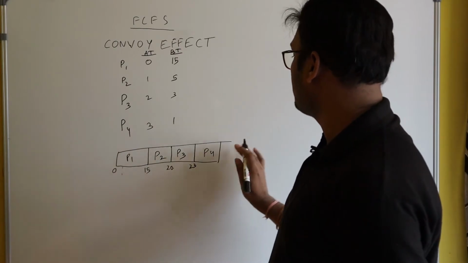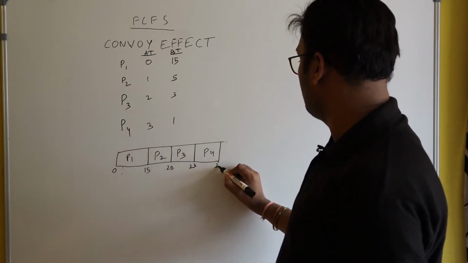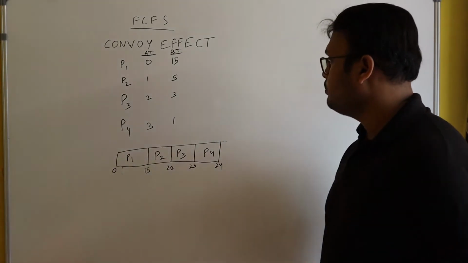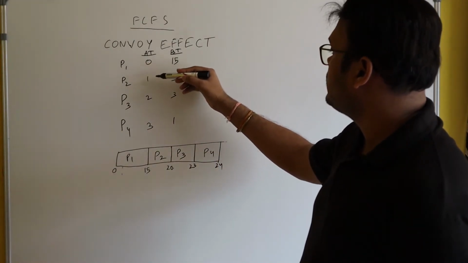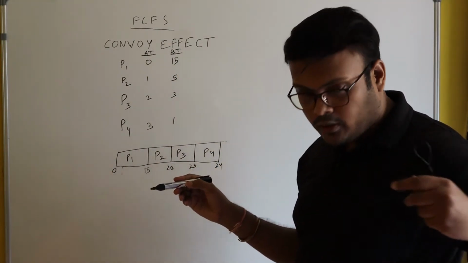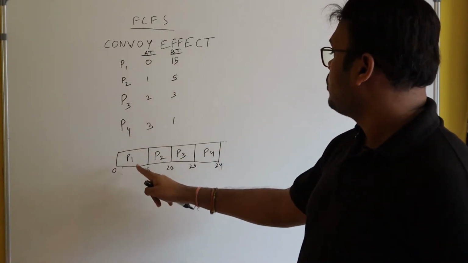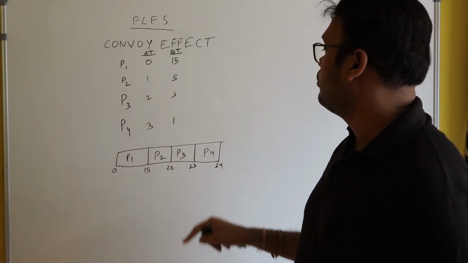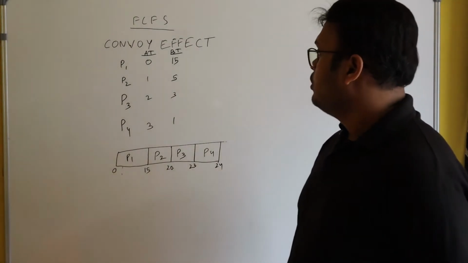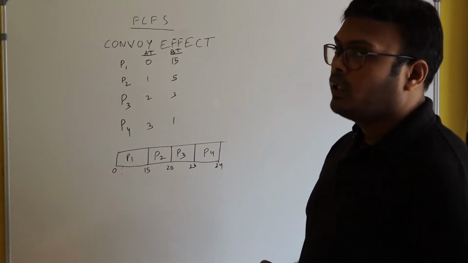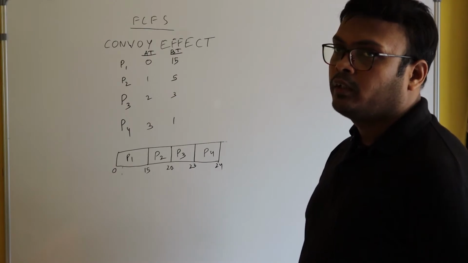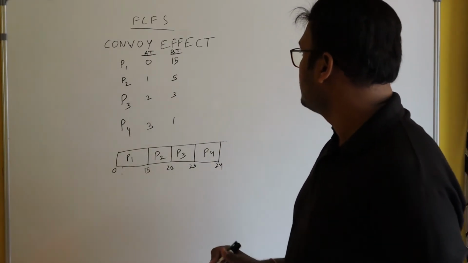P4 ran for just 1 second. So on the basis of the arrival time, processes P1, P2, P3, P4 are drawn. So let's see how convoy effect is happening here.